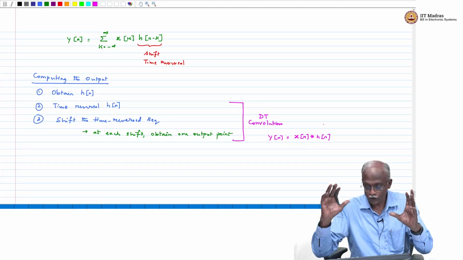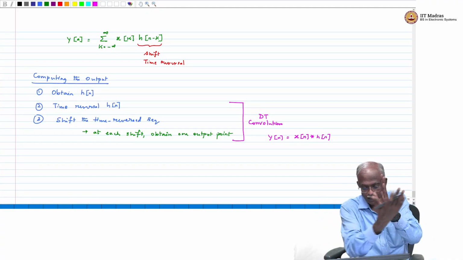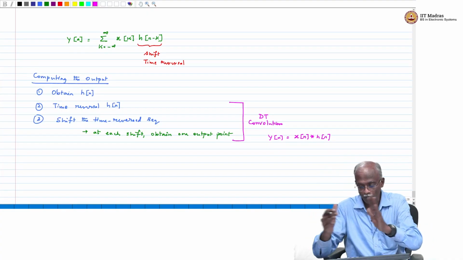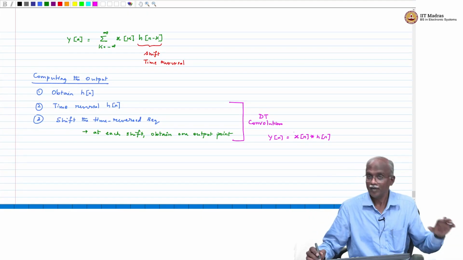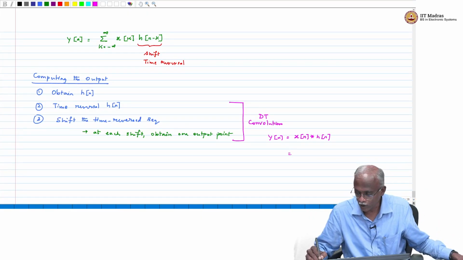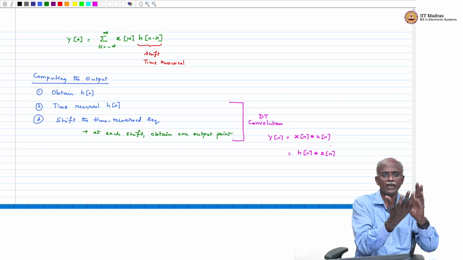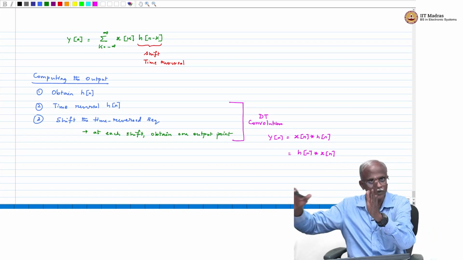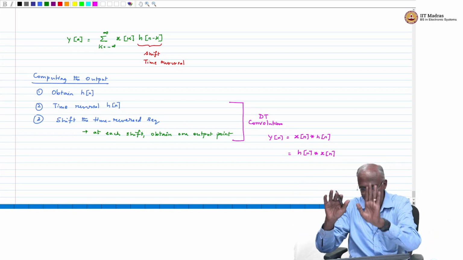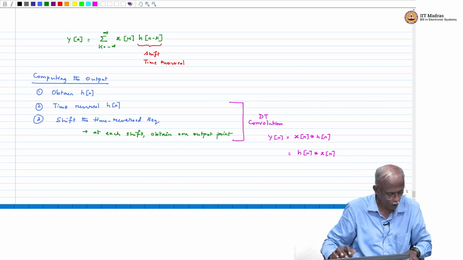So, what we can do is you time reverse h of n, then you shift and then compute the product and calculate the output. We will also show that this can also be written as h of n convolved with x of n. So, you can time reverse the input sequence and keep the impulse response without reversal and do exactly the same, and you will get exactly the same operation.